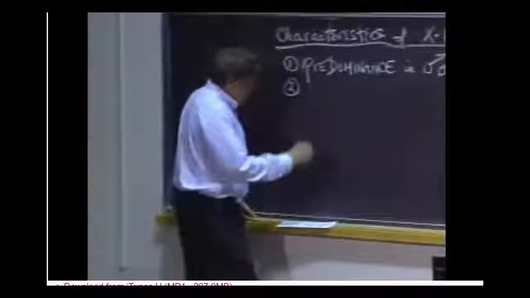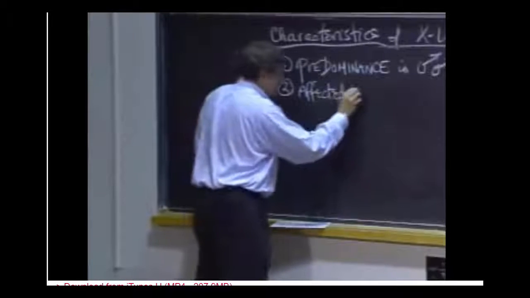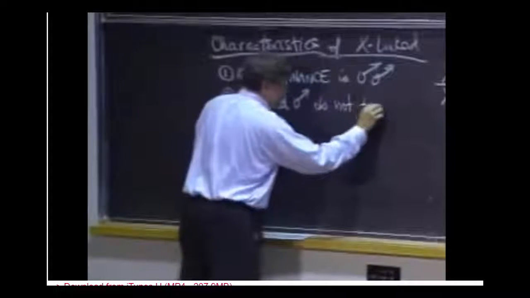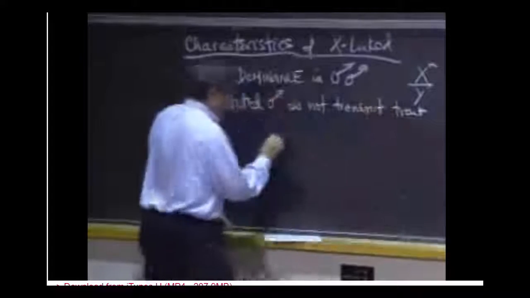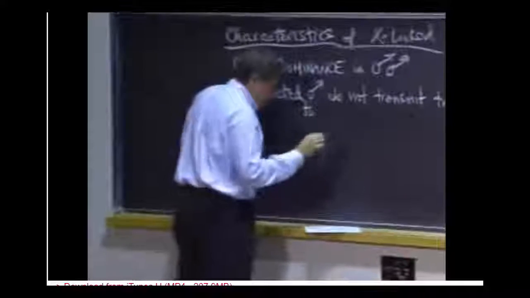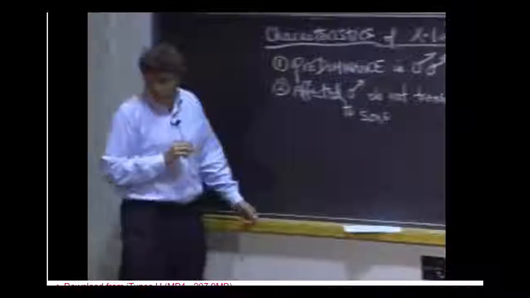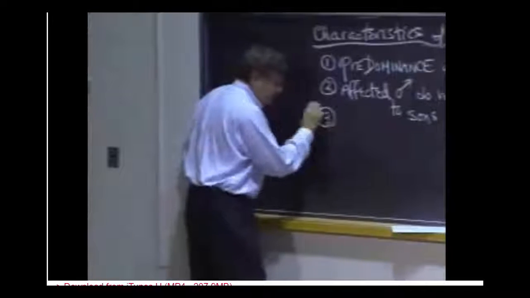Other things: affected males do not transmit the trait to the kids, in particular do not transmit it to their sons, because they are always sending the Y chromosome to their sons.